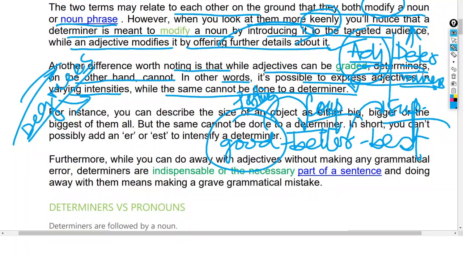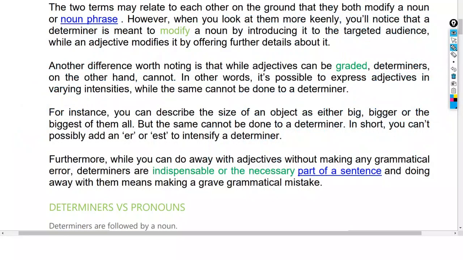Therefore, what we have noticed, as I told you earlier, is that in the case of the adjective, we find that it has the degrees: positive degree, comparative degree, and superlative degree, whereas the determiners cannot be graded, or cannot have degrees. Some examples are given. For instance, you can describe the size of an object as either big, bigger, or biggest.